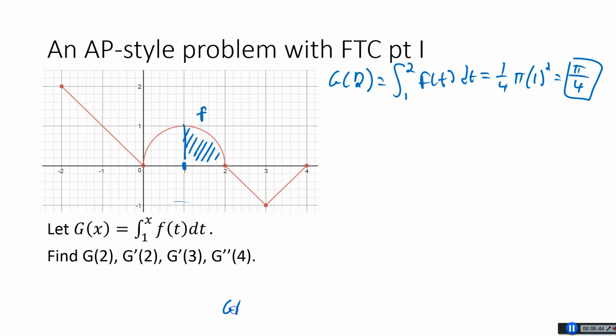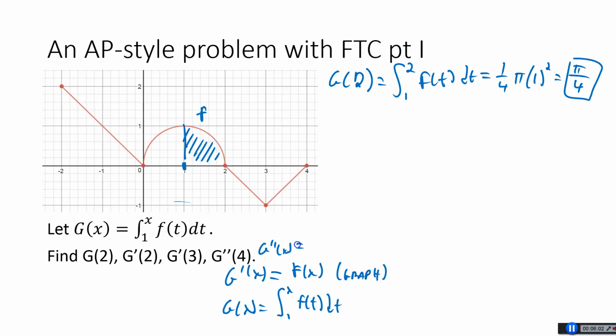So I say g of x itself is the integral from 1 to x, f of t dt. That was given to us. g prime of x is the graph that we're looking at. So it's f of x. And sometimes I'll put next to that, it's the graph. And then g double prime of x would be f prime of x, because we're just adding primes at this point. So that would be the slope of the graph that I'm looking at.